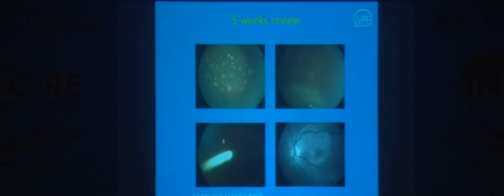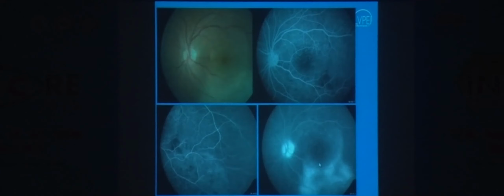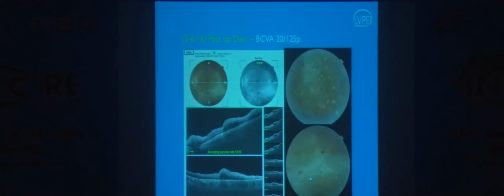This is the Ozurdex implant which we saw in the photograph, but you see these multiple small preretinal exudates, and now his vision has started worsening again. From 20/20 it has gone back to 20/50. You see these areas of retinitis which have again started developing, and now on an FFA you see again this diffuse leakage over here.